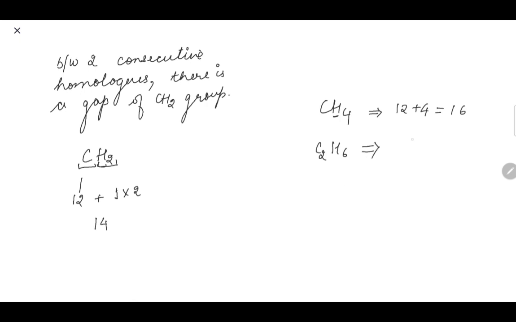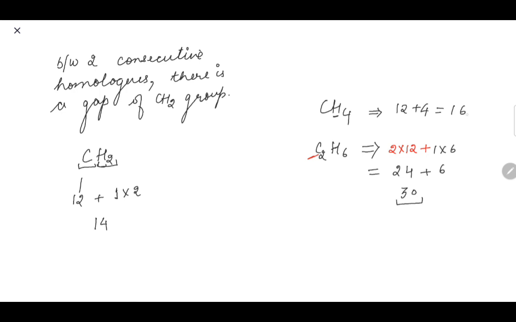For C2H6, it would be 2 times 12 because there are two carbons, and for six hydrogens it would be 1 times 6. So when you add it up, 2 times 12 is 24 plus 6, the mass shall be 30.